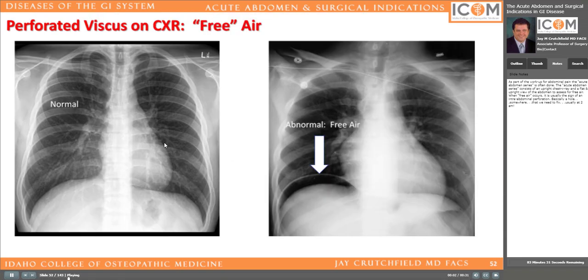You may remember from your cardiopulmonary courses that as part of the workup for abdominal pain, the "acute abdominal series" is often done. The acute abdominal series consists of an upright chest x-ray and a flat and upright view of the abdomen to assess for free air. When free air occurs, it's usually the sign of an intra-abdominal perforation, basically a hole somewhere that we need to fix, usually at 2 a.m.